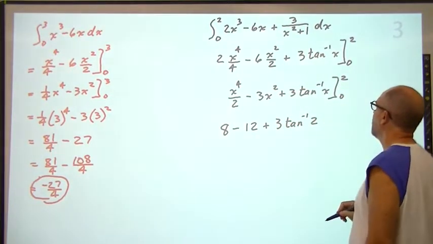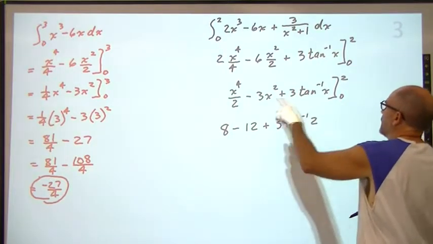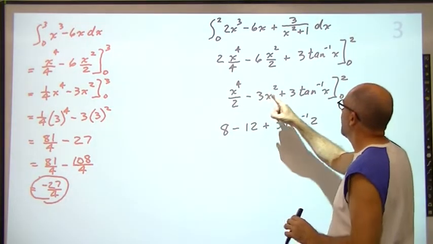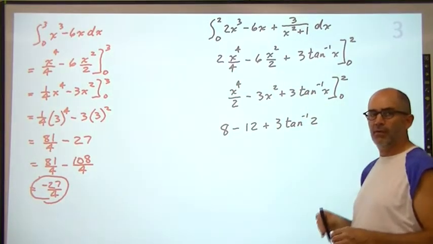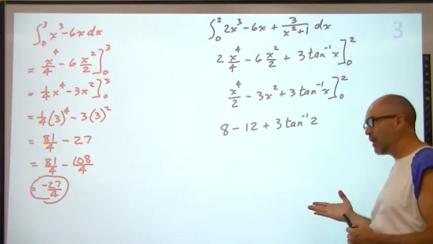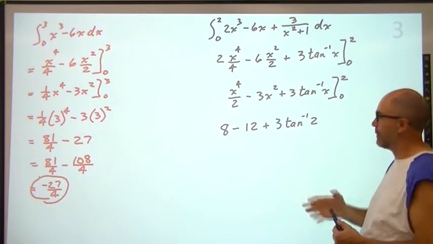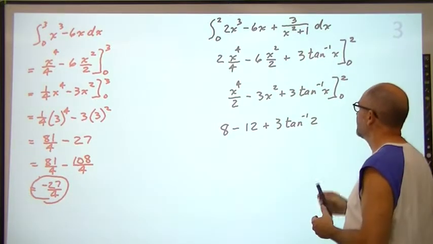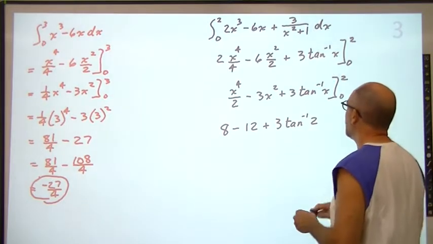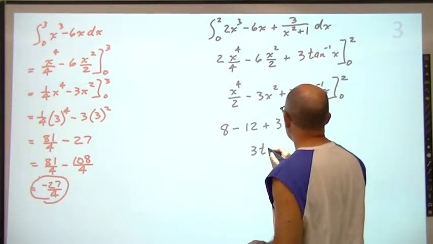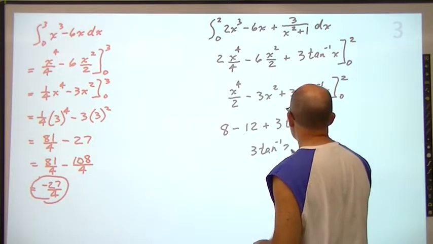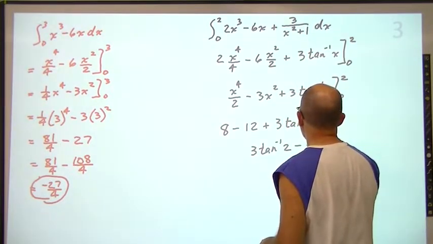Now, if I put the zeros in, I've got 0 minus 0. Now, what's inverse tangent of 0? Right, it's 0, because tangent of 0 is 0. So we don't need this 0. This is basically our answer. So the final answer would be 3 inverse tangent of 2 minus 4.